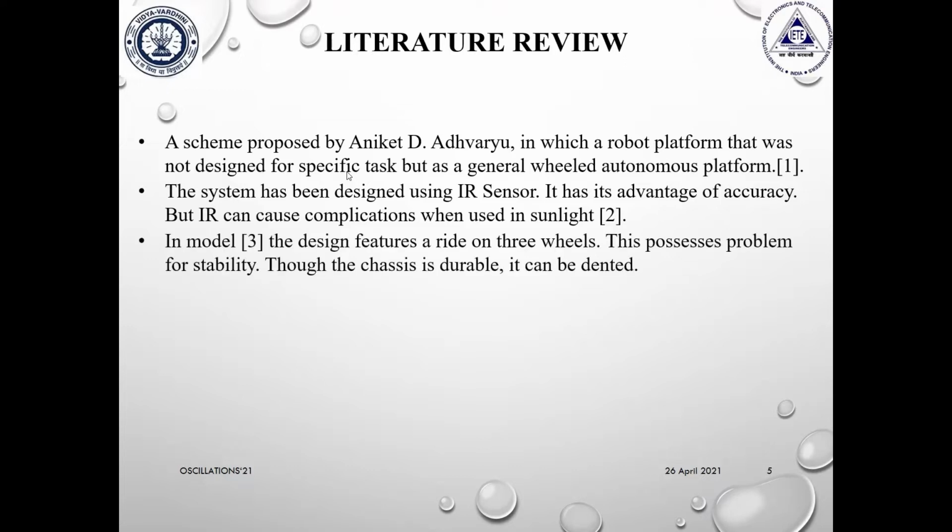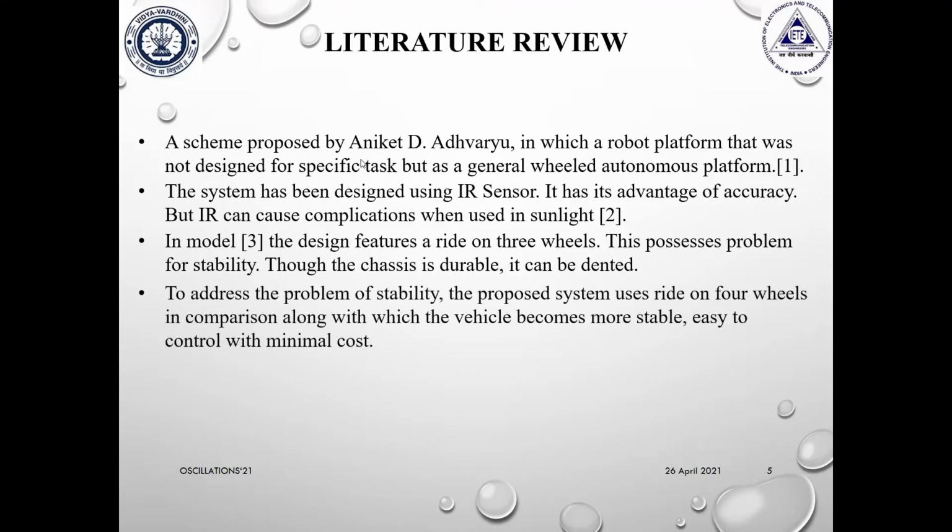The design also features a ride on three wheels. This poses a problem for stability. Though the lower body is durable, it can be dented. To address this problem of stability, the proposed system uses a ride on four wheels compared to the model referred. With this, the system becomes more stable and easy to control at less cost.